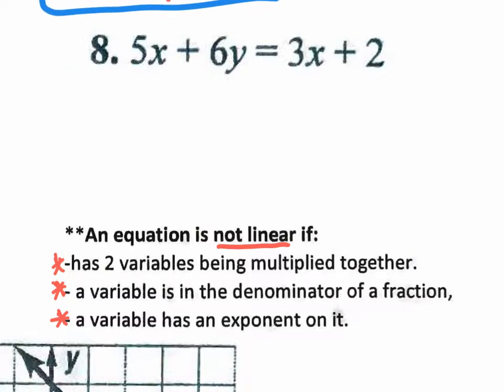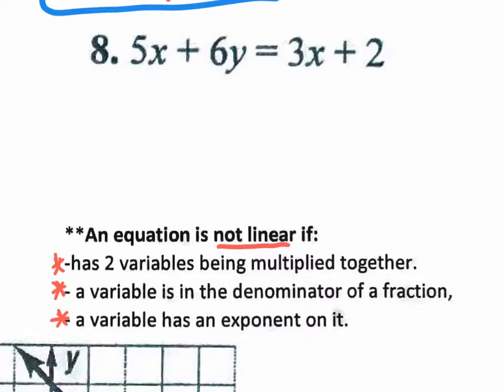Is this a linear equation or is it non-linear? If you say it's non-linear, that means that you are seeing two variables being multiplied together. Do you see x times y? No. Do you see a variable in the denominator of a fraction? No. Do you see a variable with exponents on it?